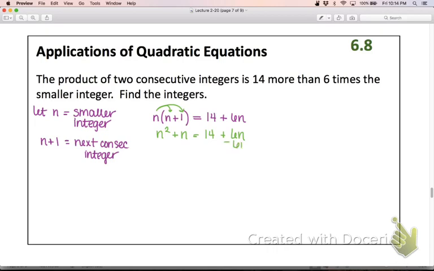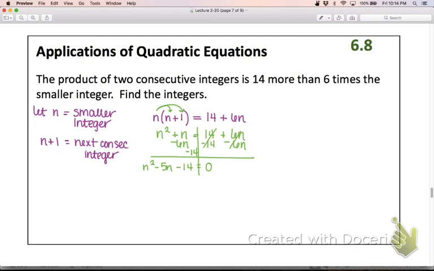So I'm going to subtract 6n. These are like terms here. Here's where my equal sign is. And then I'm going to subtract 14. There's not really anything that lines up with 14, so I'll put it down there. That gives me n squared minus 5n, and then that minus 14 just has to go at the end. All of this went away, so on the other side of my equal sign is just 0.